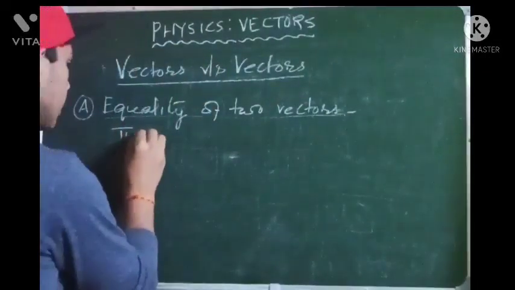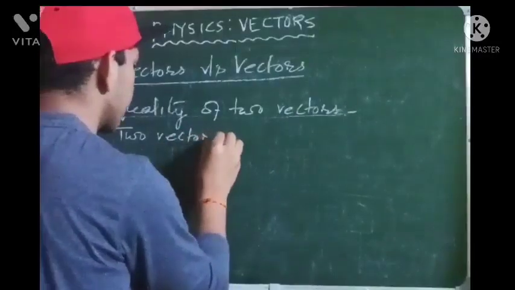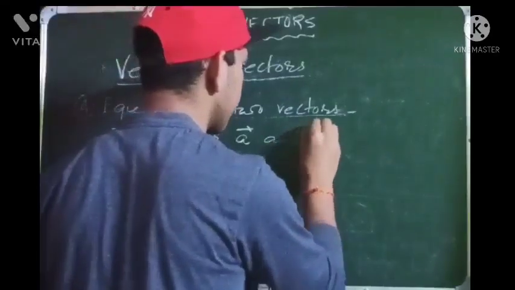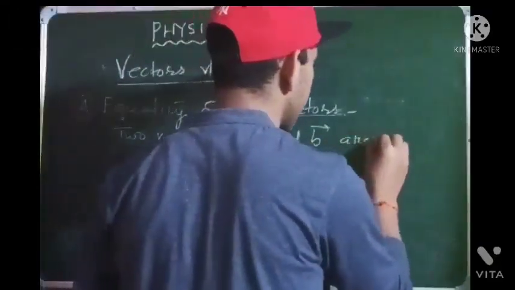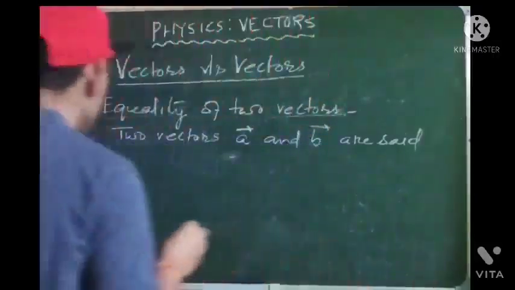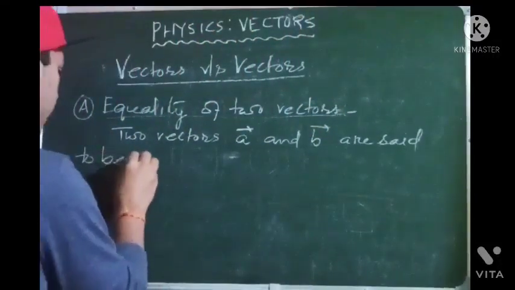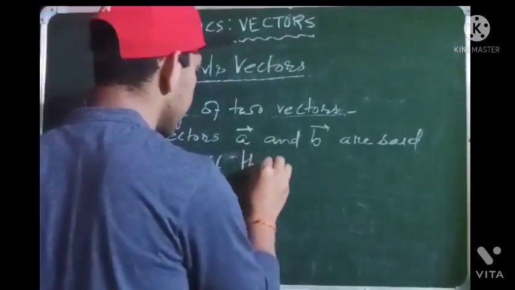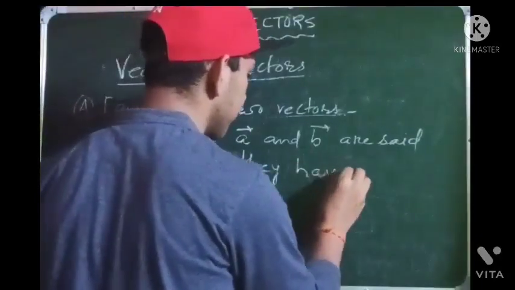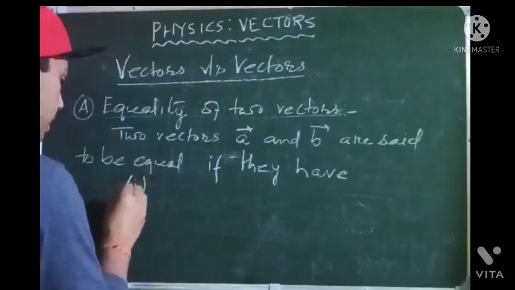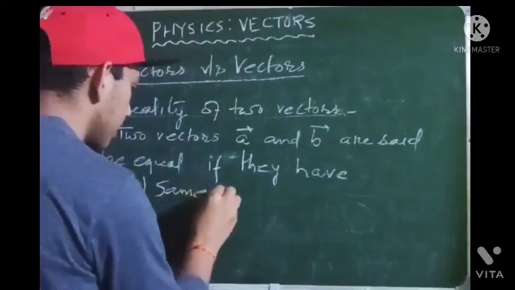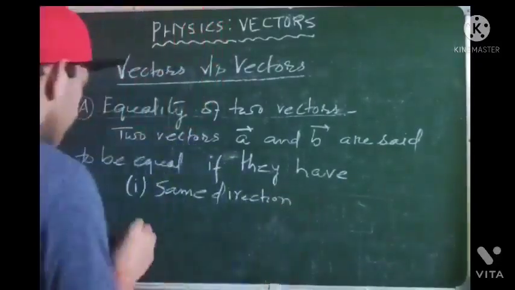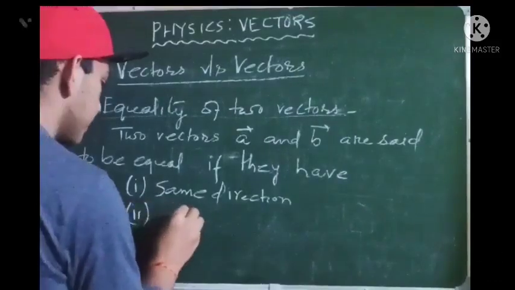So we can write: two vectors a vector and b vector are said to be equal if they have, number one, same direction, and the second condition is same magnitude.